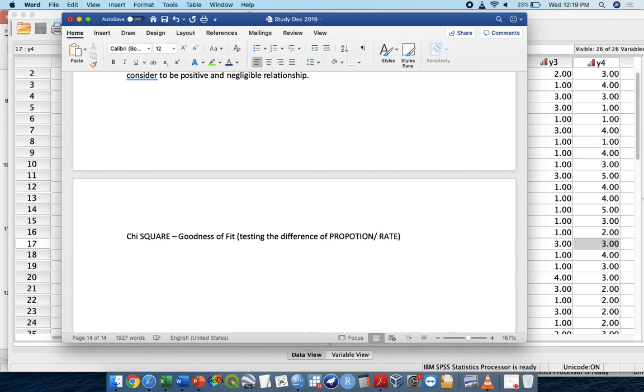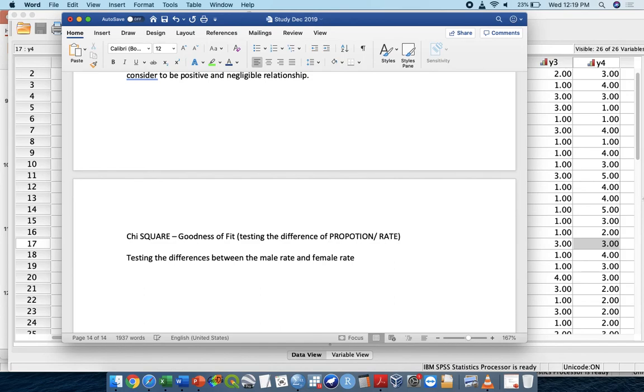Remember, proportion or rates, because the data is categorical data, nothing much you can do. You can just calculate the rate. This value over the total. This man over the total man and female. Like that. So, the first one is the goodness of fit, testing the differences between the male rate and female rate.